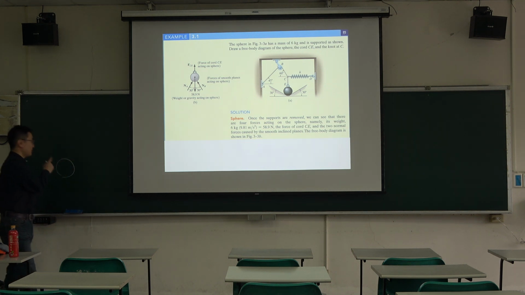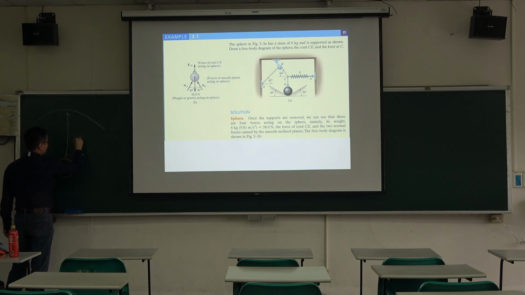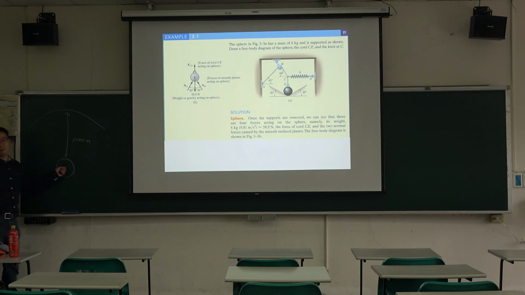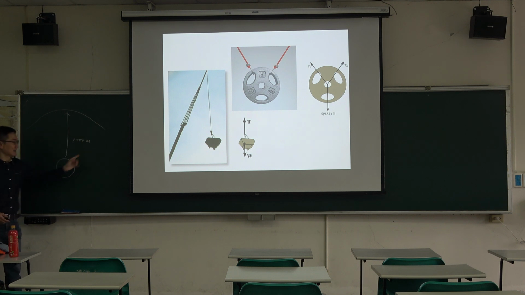But if the tunnel is in a mountain, maybe this distance is 1,000 meters. If our software should analyze this 1,000 meters, you can imagine how many elements and nodes we need. But it's not necessary.